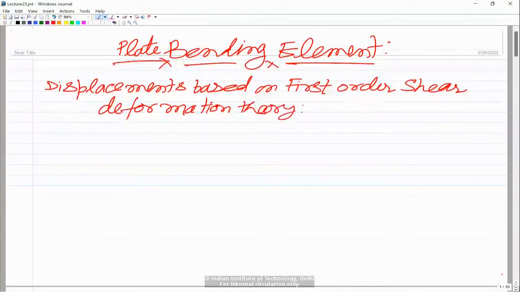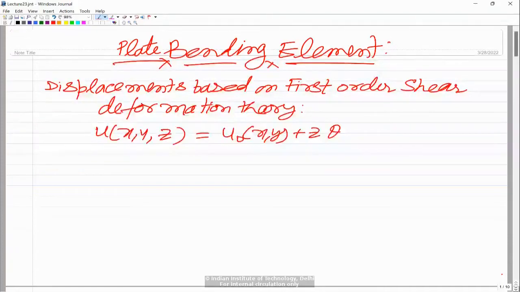The displacement u, which is in general a function of x, y, and z, is written as u naught, which is a function of x and y, plus z into theta y, where theta y is the rotation about positive y axis, and of course u naught and theta y are functions of x and y.